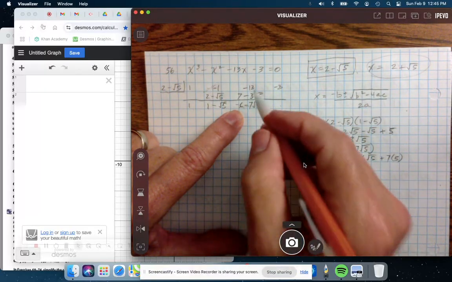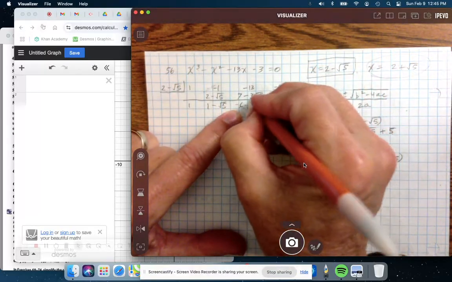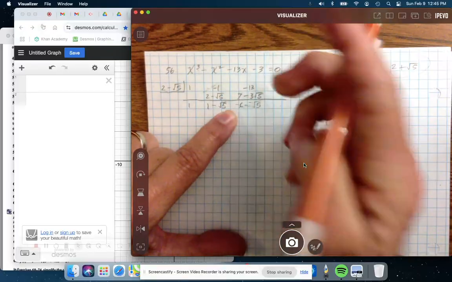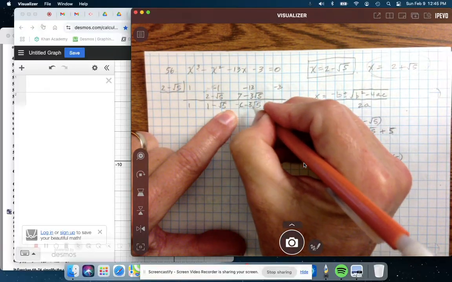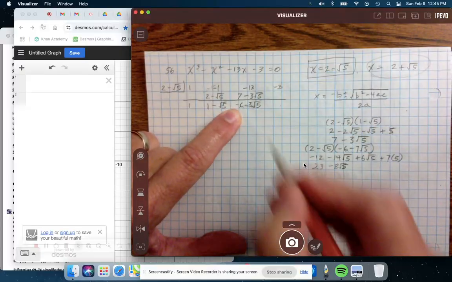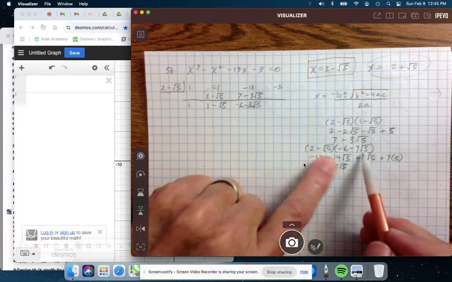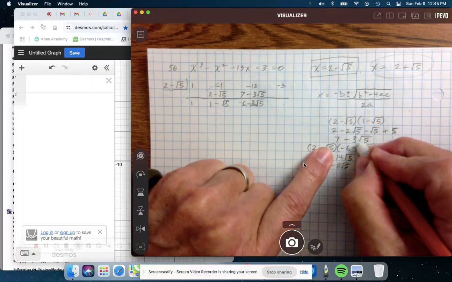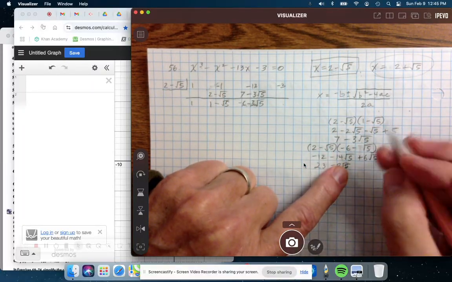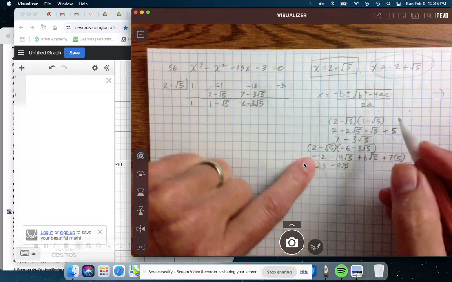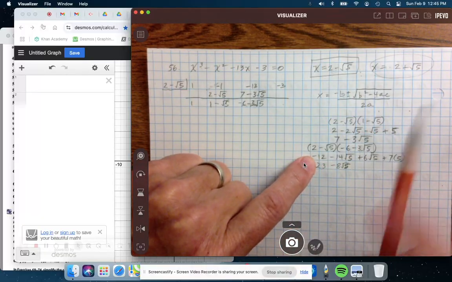Okay, now when I add these, I should have a minus 3 right here. So now when I'm doing all this work, I should have had a minus 3 here. And that's going to change some of these numbers here, right?